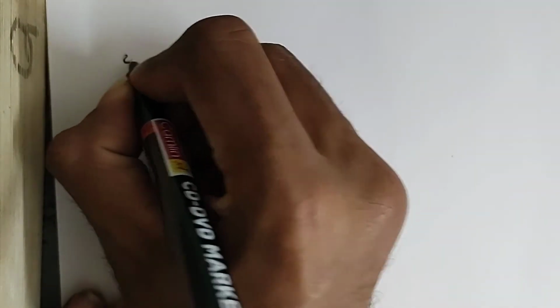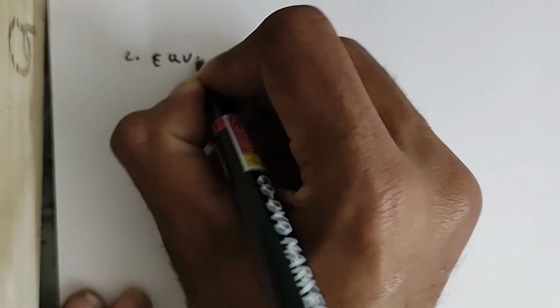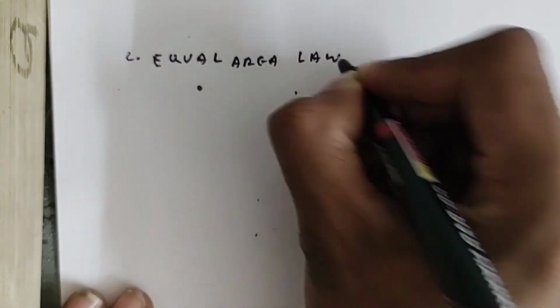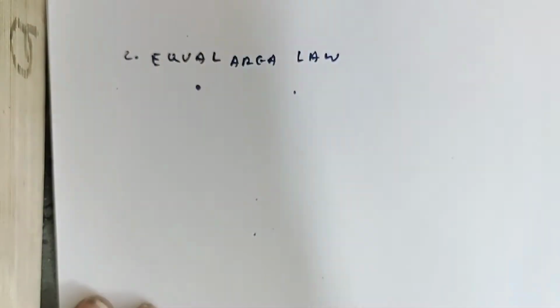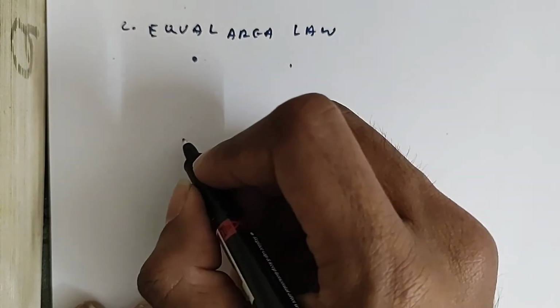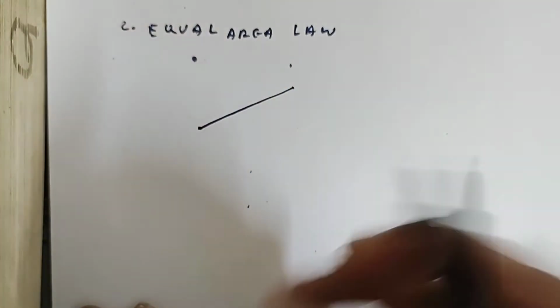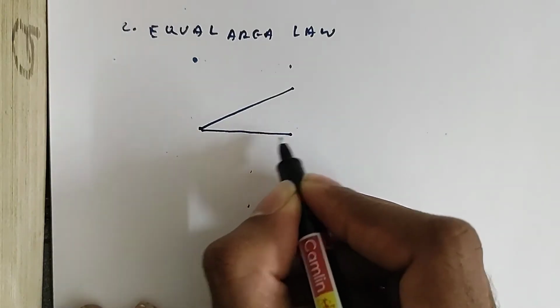So let's start with the second law. It's the law of equal area. The radius vector from the sun sweeps out equal areas in equal intervals of time. So let me show you a magnified image of what I mean by that.